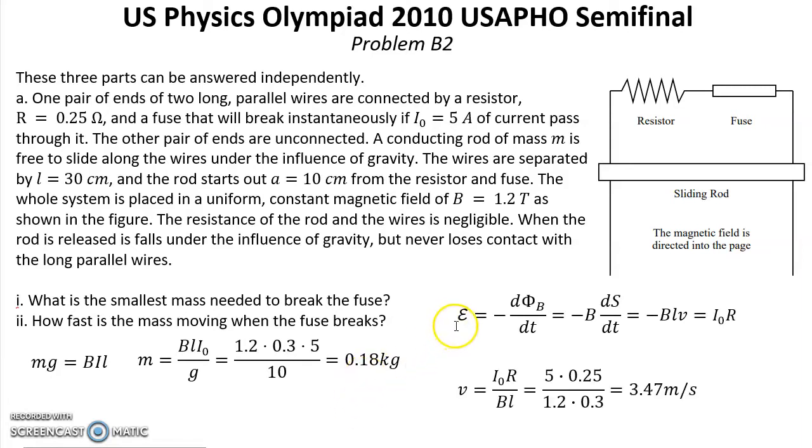Because from the other hand, EMF equal I0 multiplied by R, we have for speed this equation. That's equal I0R over BL. When we put numbers, we will get 3.47 meters per second. That's the terminal speed of this mass.